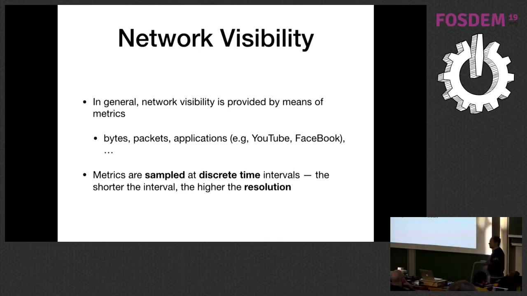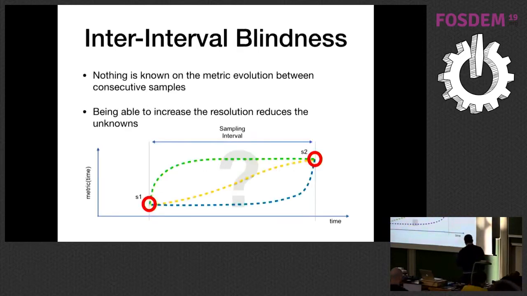This means that there is no way to have a 100% reliable, accurate representation of the real metric, because we only have samples of the metric. This means that at fixed intervals of time, we pick the value of the metric. So basically, there is an amount of time, equal to the sampling interval, that is completely unknown.